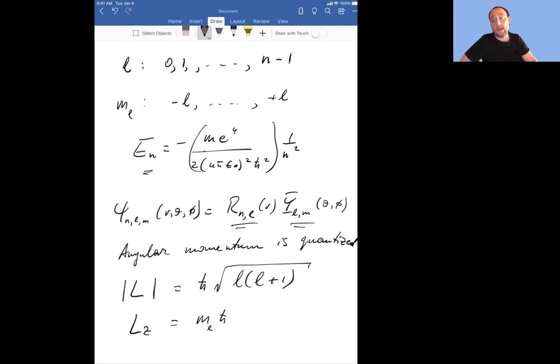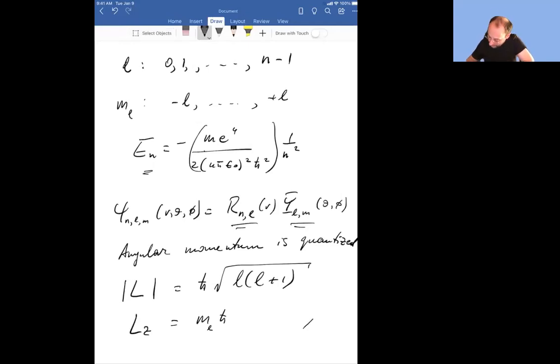You cannot measure the angular momentum vector without breaking a symmetry and introducing some axis. Whenever you measure the angular momentum, the component of the angular momentum along that axis will be quantized.